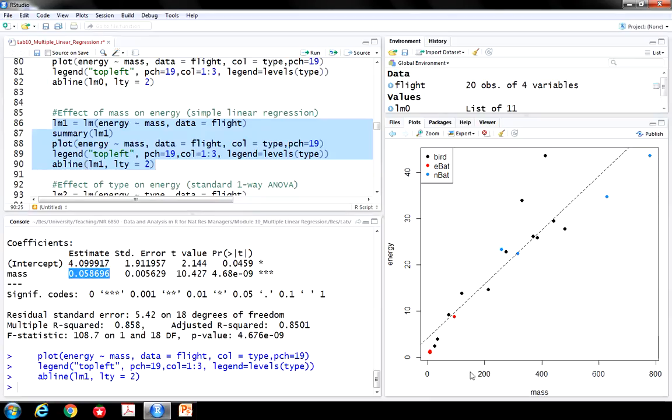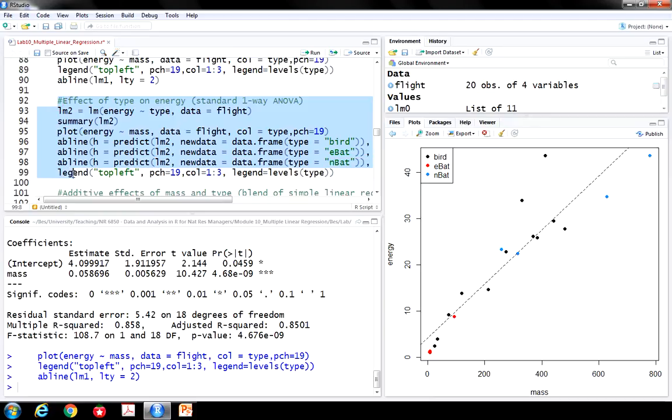As we increase mass by 1 unit, energy consumption increases by 0.59, and this is highly statistically significant. So this model is telling me that mass has a significant positive effect on energy consumption. Larger animals use more energy. And we're explaining about 86% of the variation in energy consumption, and that's pretty good.